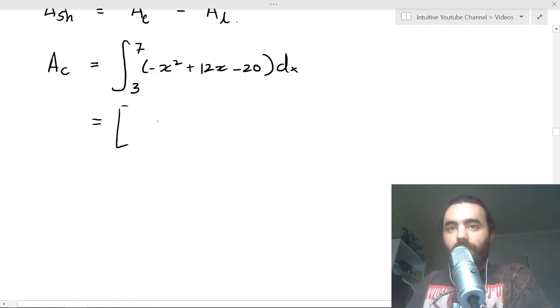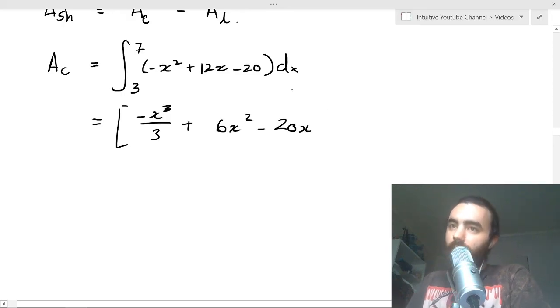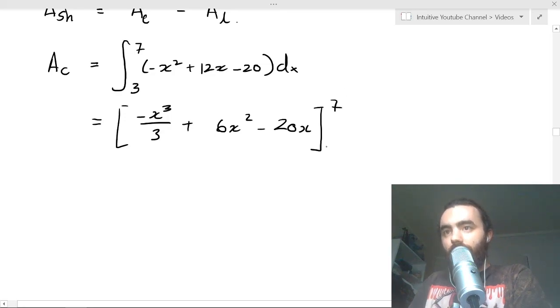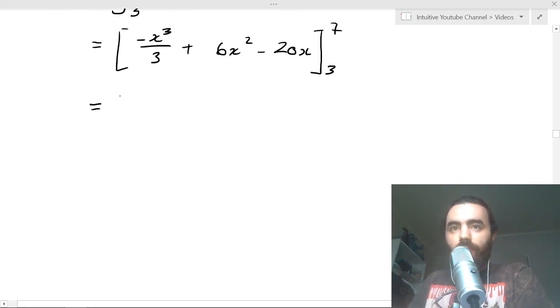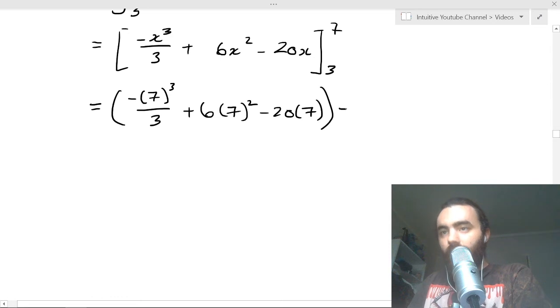So this is the same as saying minus x cubed over 3, go up by the power, divide by the power, plus 12x squared divided by 2, well that's just going to be 6x squared, minus 20x, between 7 and 3. And then we can put this in, so we get minus 7 cubed over 3 plus 6 times 7 squared minus 20 times 7, all of that minus, and then we substitute in the 3.